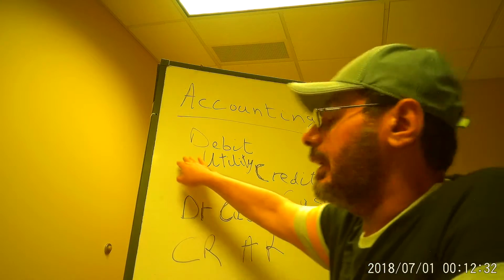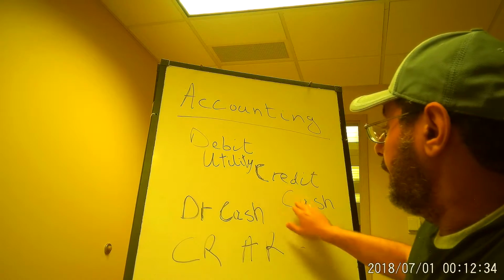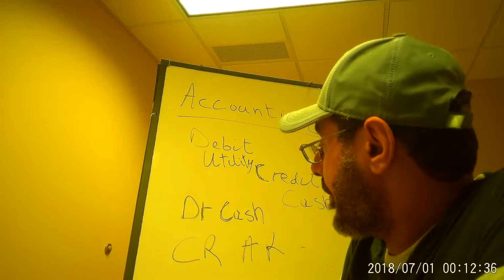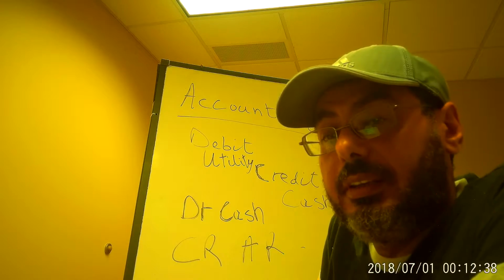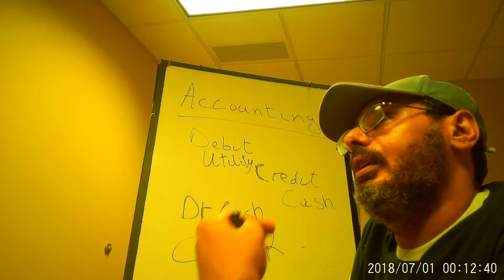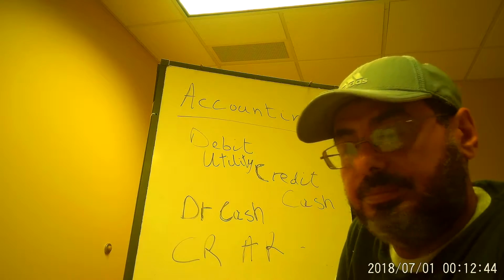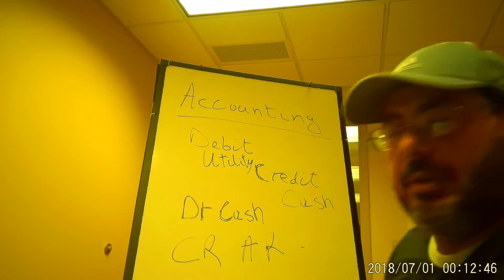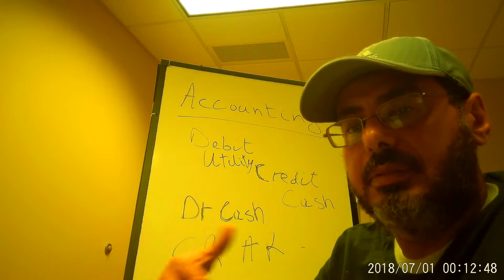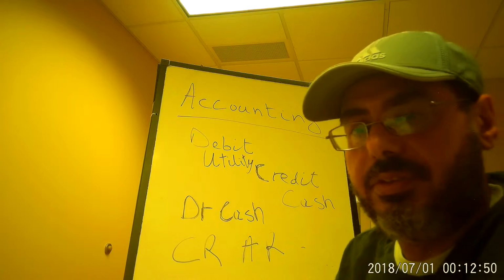So it's going to debit the expense and credit cash. Let's say you are entering money that came in because you sold something and it was recorded in a receivable.